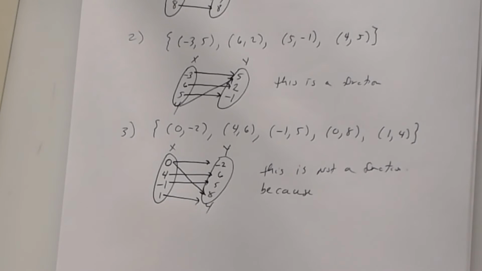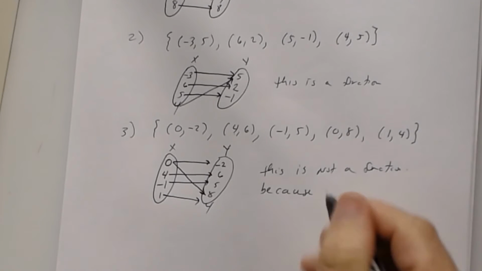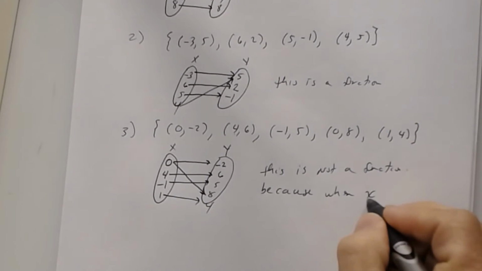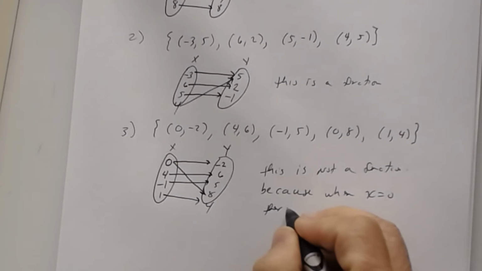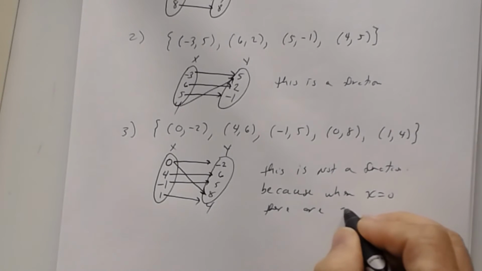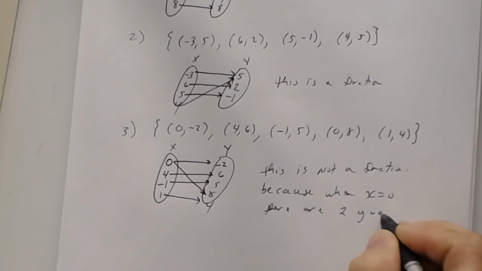What makes it not a function? The x coordinate of 0. So you would say something like this, because when x is 0, there are 2 y values, that's why. There's got to be how many? Just 1. Okay?